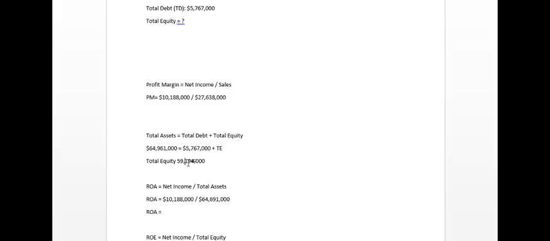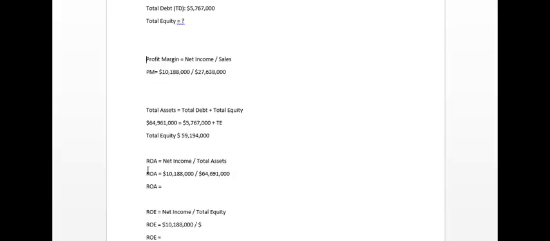Sorry for my slow typing. 59,194,000. Now remember, these numbers are in thousands. So in reality, that's $59 billion in total equity. Okay, so we know this number because this number is going to pop up in another section in just another moment when we have to solve for another problem.